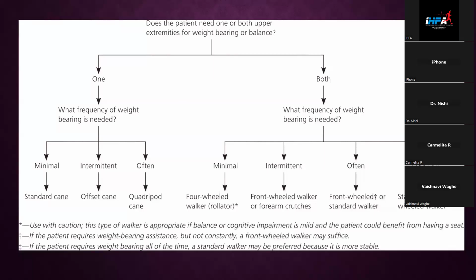If a lot of weight has to be borne, then a quadripod cane, where they have four points below the cane. If you feel that both upper limb and lower limb are required for weight bearing, you can always go for wheeled walkers or proper stable walkers. So it depends on your patient, their balance, their strength. You have to choose whether a cane or a walker is appropriate.